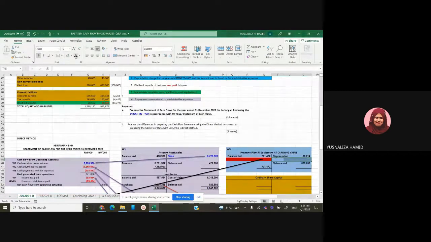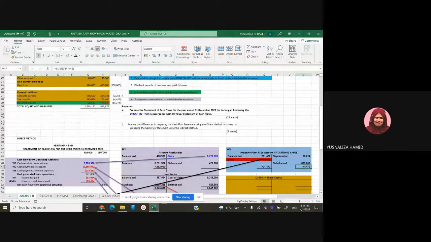We need to go and check. We need to check the total. The total is this much. And if that was the case, there was actually an acquisition. So it looks like a disposal, but it was actually an acquisition. How do we know an acquisition? Once we put our depreciation, the credit side is greater than the debit entries, right?